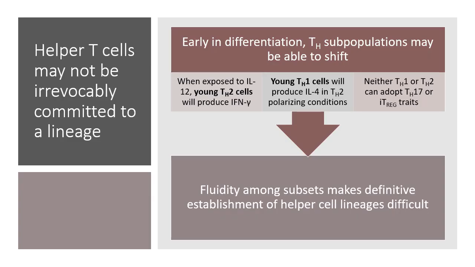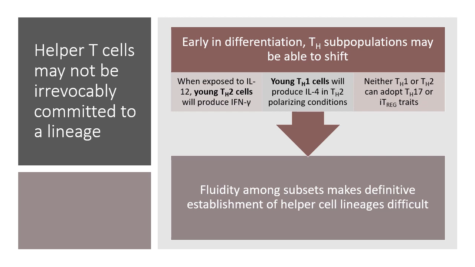The other thing is that so far when we've talked about differentiation, we've talked about these cells starting down the path to becoming T cells and they become locked in. They really can't change after they start down that particular pathway. But there is a little bit more flexibility in the T helper lineages, in these Th1, Th2, Th17, T follicular helper subsets.